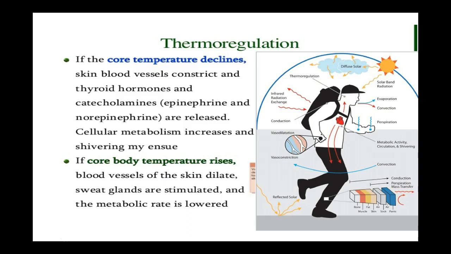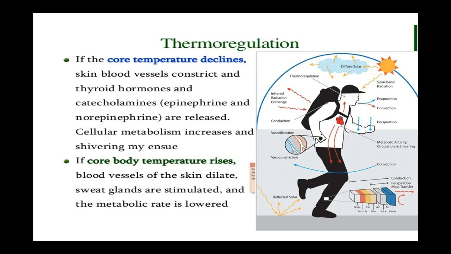I've talked about this. When the core temperature declines, you have a restriction of blood vessels. So all of this reverses with regard to heat. You don't lose heat to the atmosphere. You don't lose as much heat to inanimate objects. And so you constrict the blood.